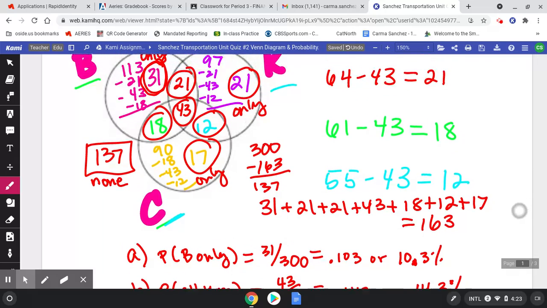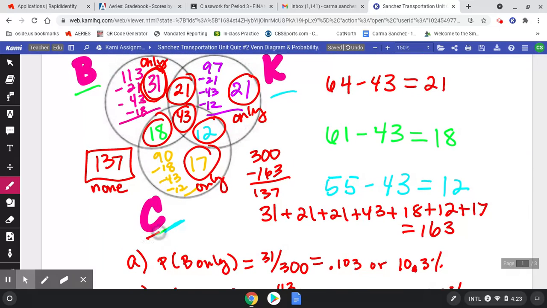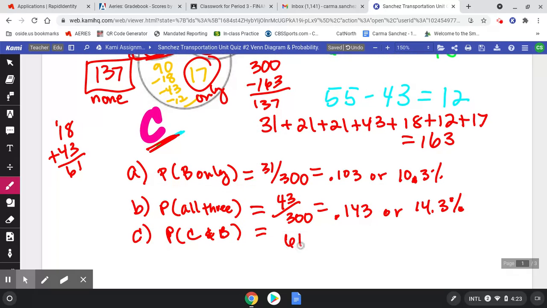So you go up here and look, CarPlay and backup cam is this entire wedge right here. Even though the middle intersection includes 43 that like all three, we still count that as liking both CarPlay and backup cam. So this 18 plus 43 wedge is the number we need. And so 61 people like. So here I go, 61 divided by 300.